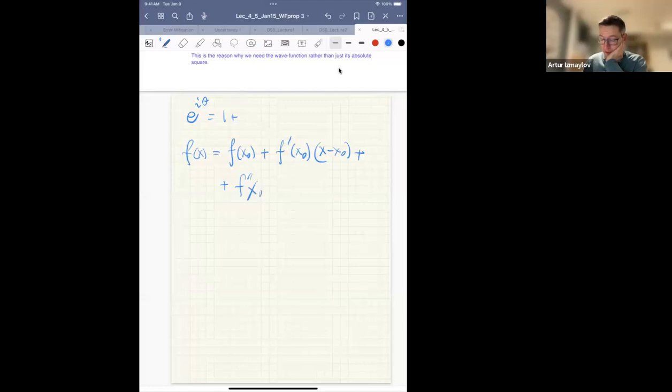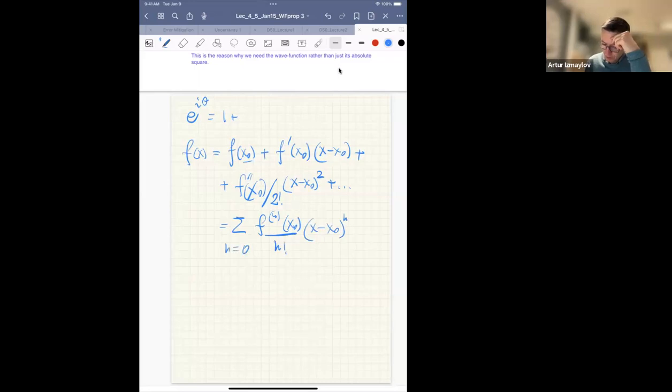Every derivative is taken at the point that we're expanding. You have increasing coefficients here, and so on. Generally speaking, we have a sum over f^(n)(x0) divided by n factorial, times (x minus x0)^n, where n is from 0 to infinity, right?